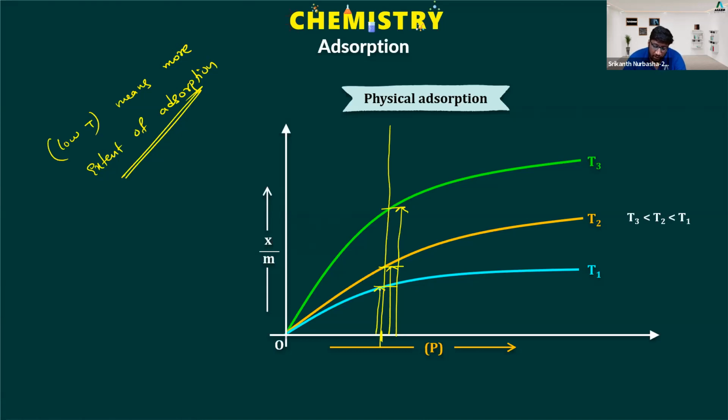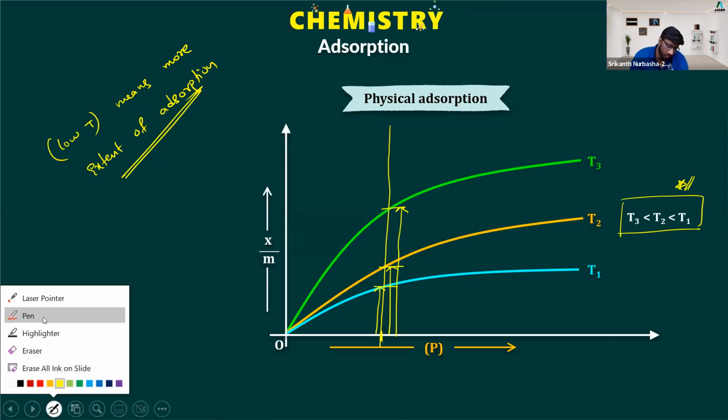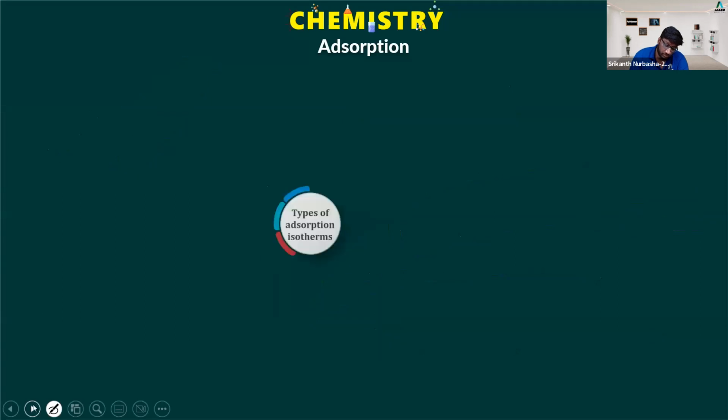So at T1 the extent of adsorption is lowest, so T1 should be the highest temperature: T1 is greater than T2, and T2 is greater than T3. This was the relationship between T1, T2, T3 where you have plotted x by m versus pressure.